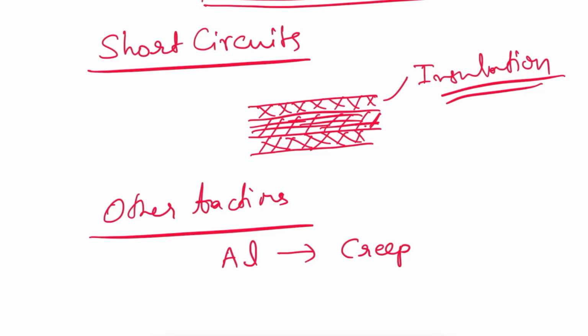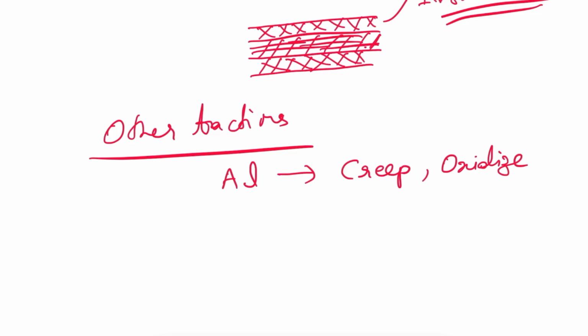It tends to creep and also oxidize rapidly. Creeping means it is deformation, slow deformation. If it is under even less than the actual stress, under that condition also slowly aluminum gets deformed.